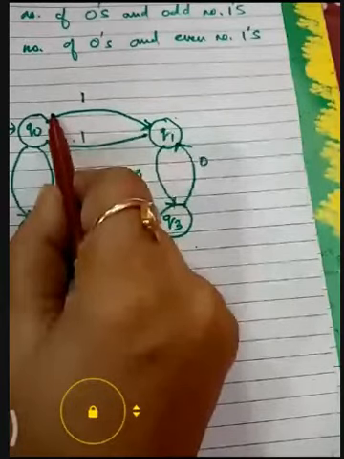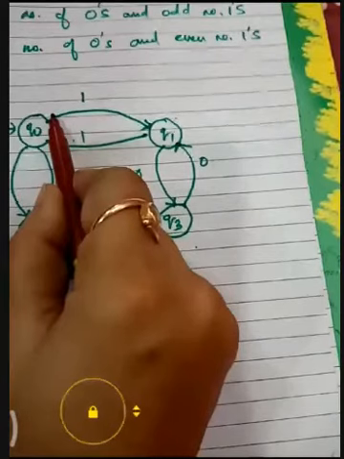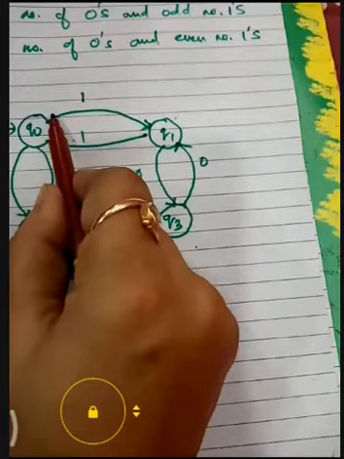Okay. So now 0. What is our case? 0, 0, 1, 0, 0, 1, and then 0, and then we want again two ones, 1 and 1. So for this case also it is satisfying.